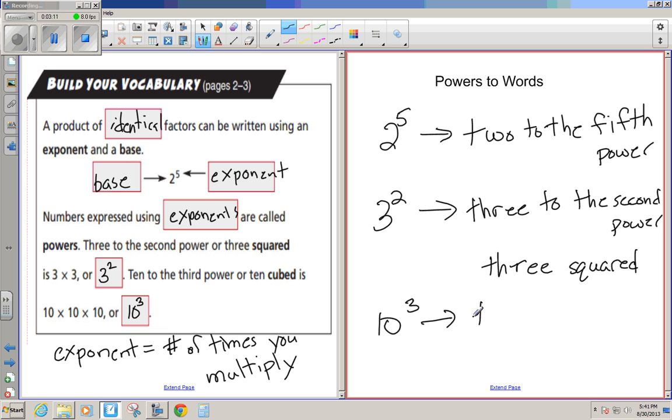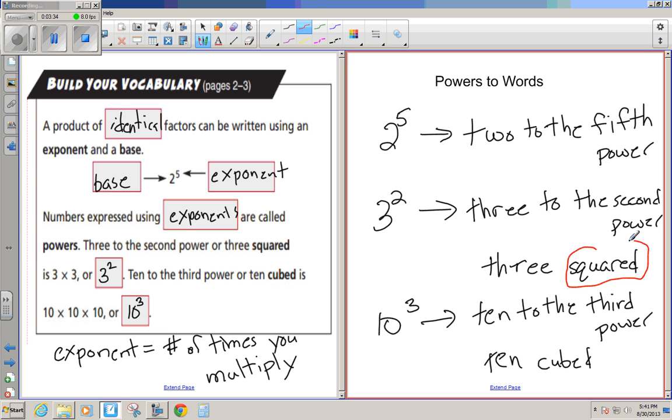You would write 10 to the third power, or you could also write 10 cubed. Second powers you can call squared, and third powers you can say are being cubed.